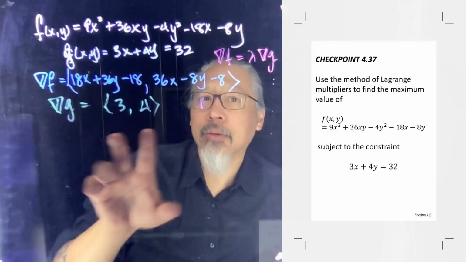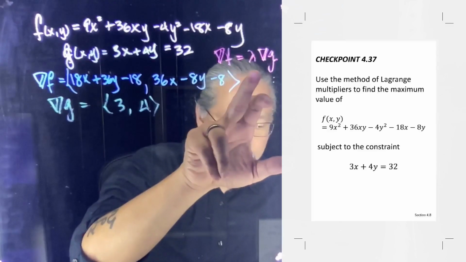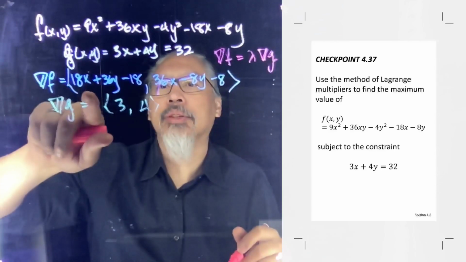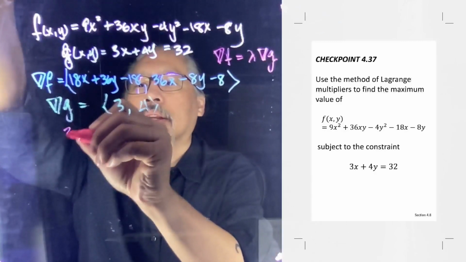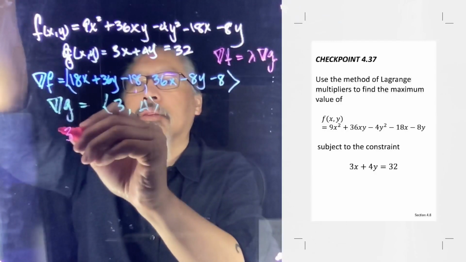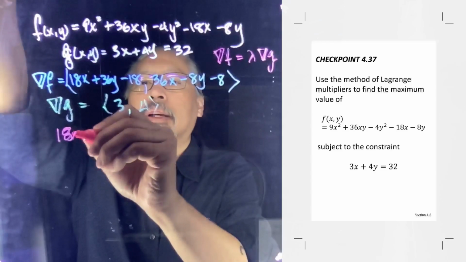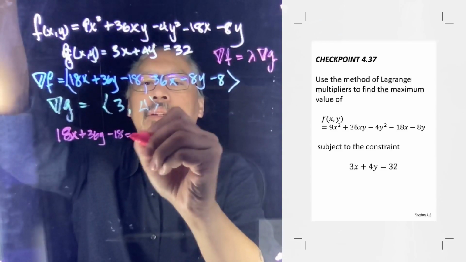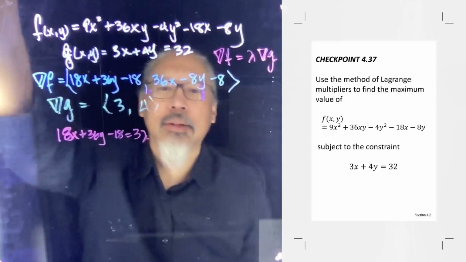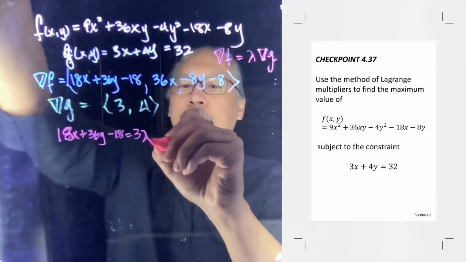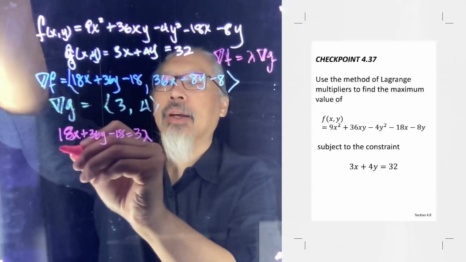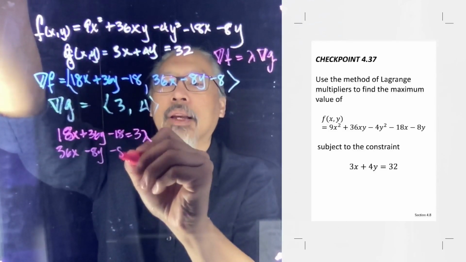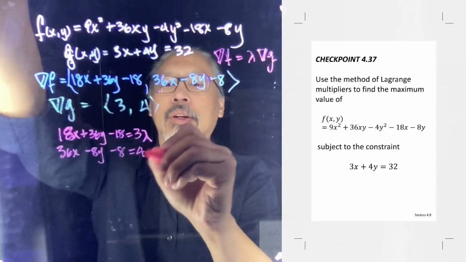We're going to set them equal to each other with a scalar, and so that will require a couple of equations, and we'll go ahead and write up the equations. That would be 18x plus 36y minus 18 is equal to lambda times 3, and then we have 36x minus 8y minus 8 is equal to 4 lambda.